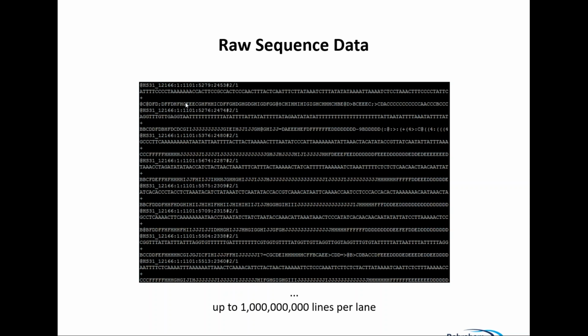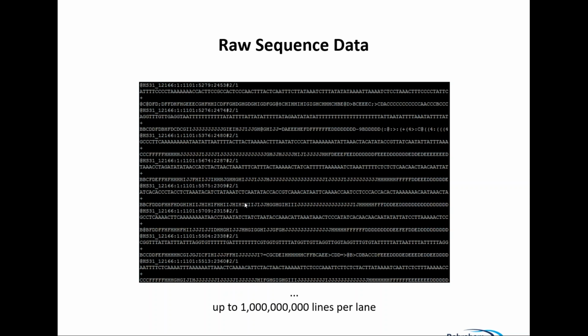And this is a measure of how accurate the base call was on the Illumina machine. So these files are quite nice, but they can contain up to 1 billion lines, and they are in a text file, and they are very unwieldy, and you can look at a few sequences, but it doesn't actually tell you very much.